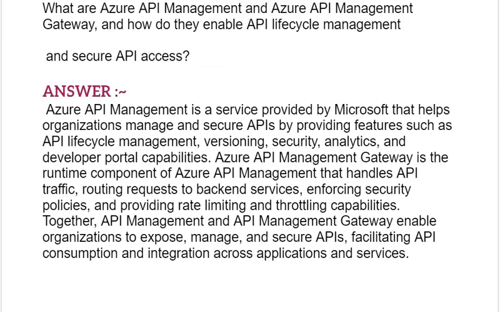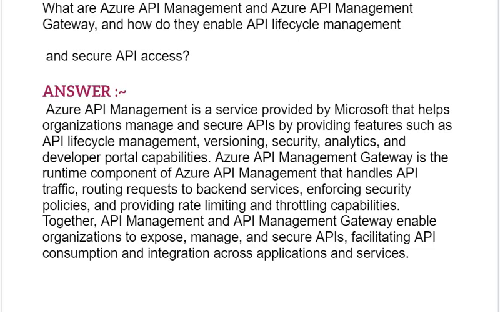Your answer should be: Azure API Management is a service provided by Microsoft that helps organizations manage and secure APIs by providing features such as API Lifecycle Management, versioning, security, analytics, and developer portal capabilities.